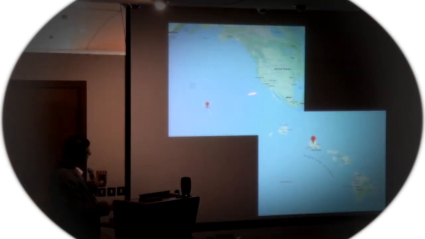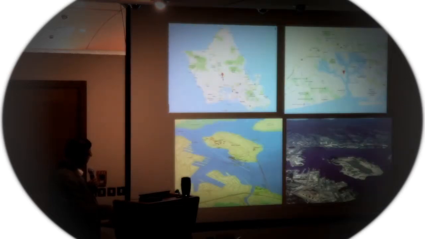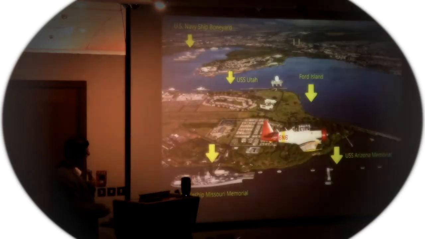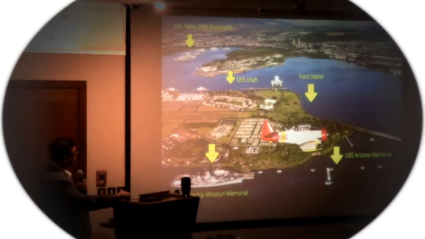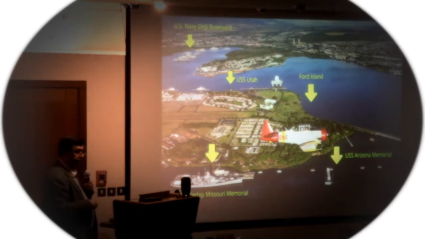So this is the United States, this is Hawaii, these are the 4 main islands of Hawaii, this is one of them. And this is the harbor. And this is called Ford Island. Why am I mentioning this? Because on the 7th of December 1941, the Japanese army attacked the fleet of the United States here in Pearl Harbor.